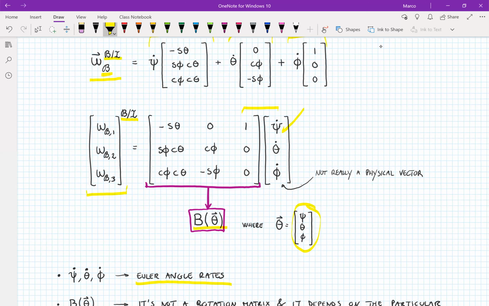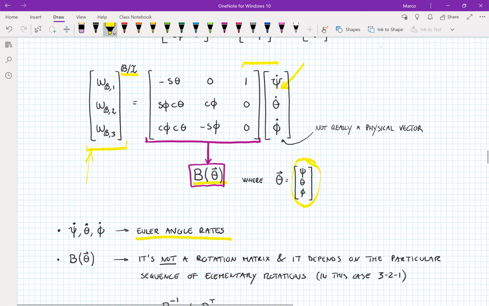And although the vector to the left, the angular velocity of the body frame with respect to the inertial frame, has a physical meaning, the vector to the right, the vector of the Euler angle rates, does not have a physical meaning. The vector itself does not represent anything in particular.